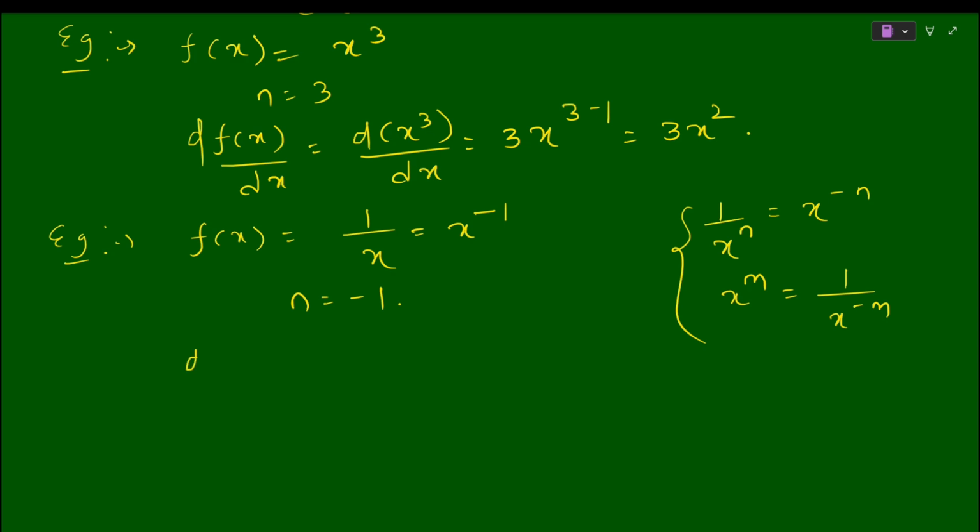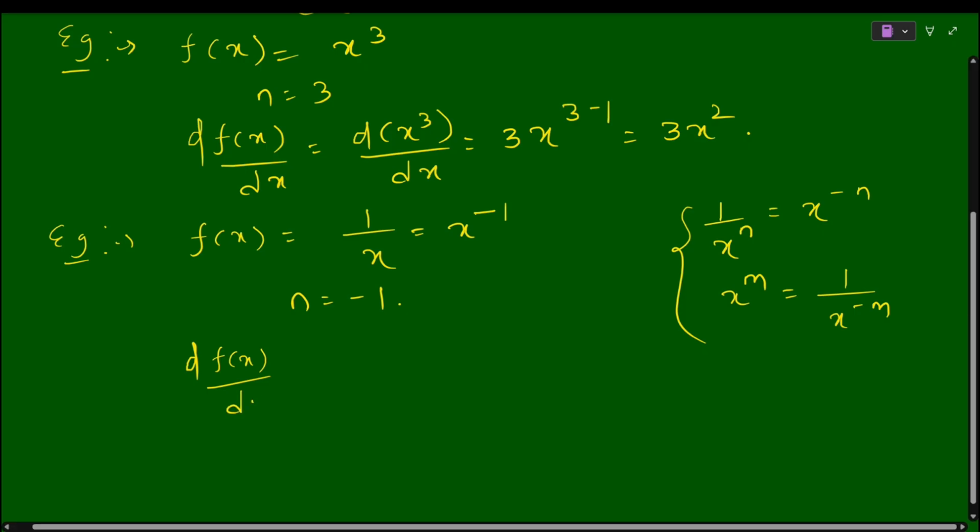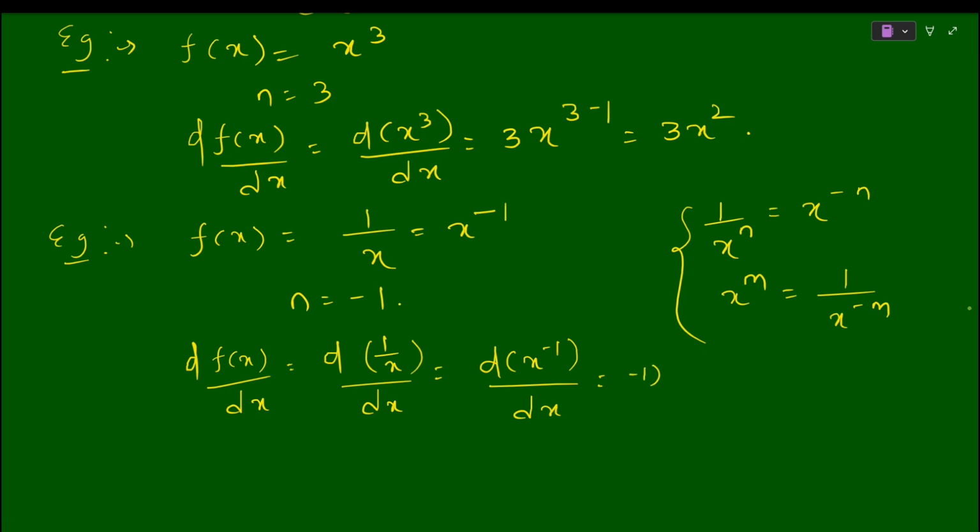So what will be the derivative? The derivative of x inverse, or 1 by x, with respect to x would be n x to the power n minus 1. What is the value of n? It is minus 1 into x to the power minus 1 minus 1, so this is minus 1 times x to the power minus 2.